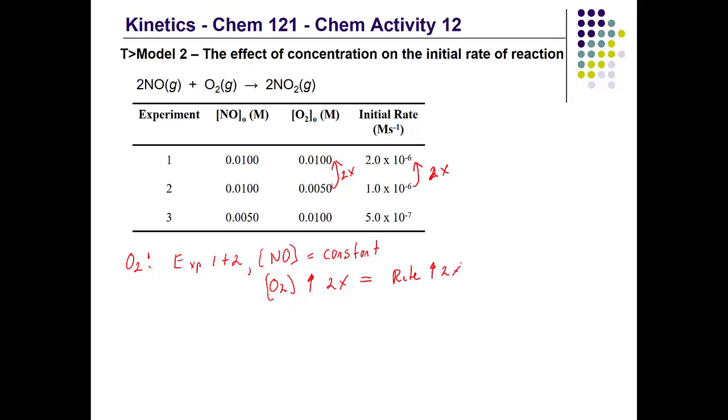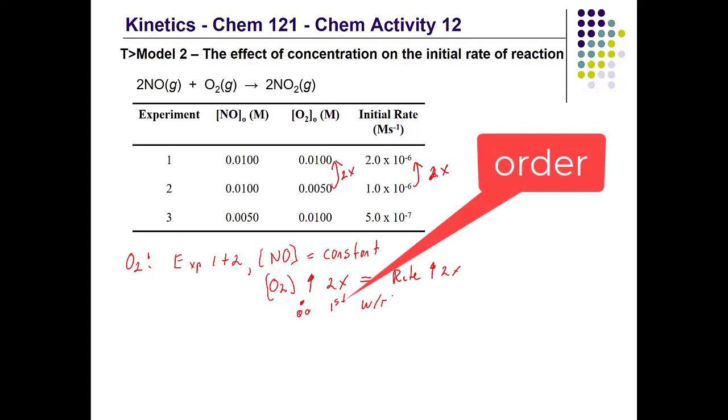This means that the rate and the concentration are directly proportional. This, by definition, is what a first-order reaction is. In other words, a first-order reaction means that the rate and the concentration are directly proportional. So therefore, we can simply write: first order with respect to the oxygen gas.